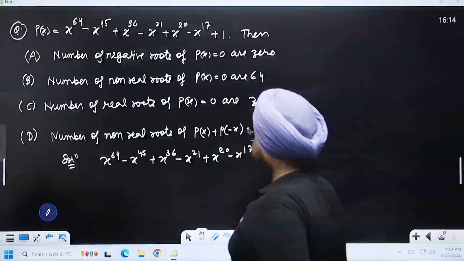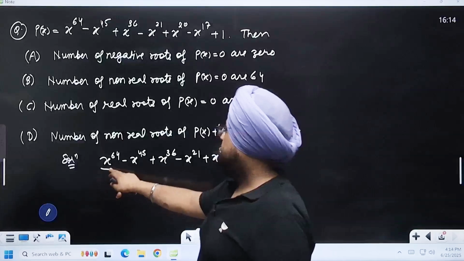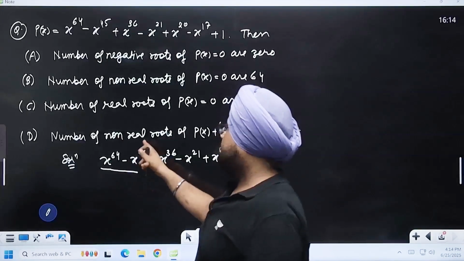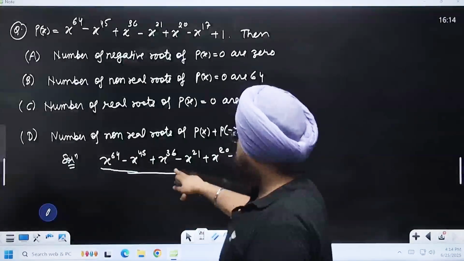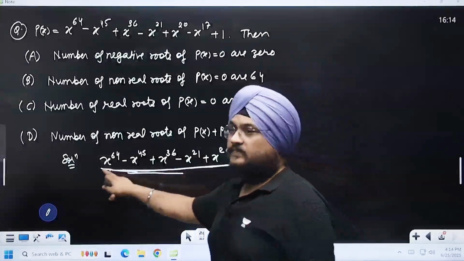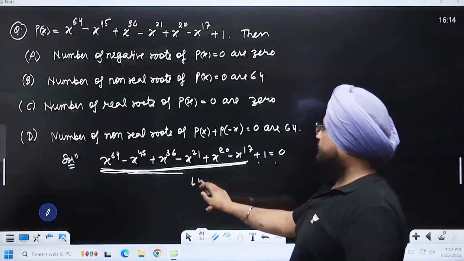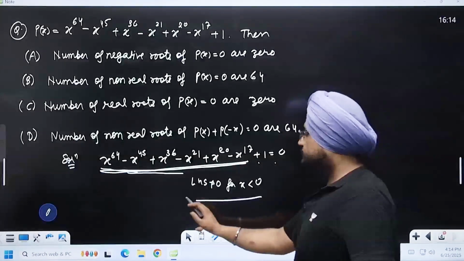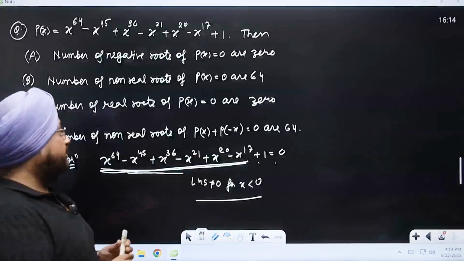See, if we put any negative number x, then the first term is positive, and the others also become positive, as a negative odd power will be negative and minus minus will be plus. So all the terms are positive, plus 1. So LHS cannot be equal to 0 for x less than 0. So we can say that option A is correct.